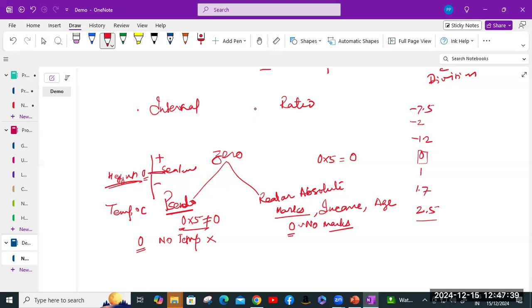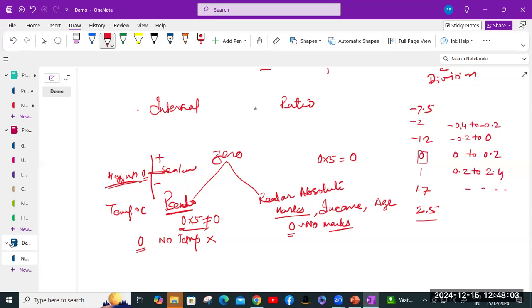Let me give one example: minus 0.4 to minus 0.2, minus 0.2 to 0, then 0 to 0.2, 0.2 to 0.4.